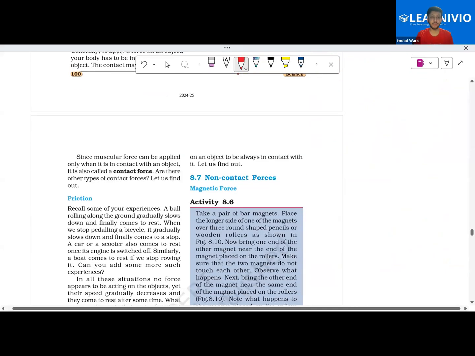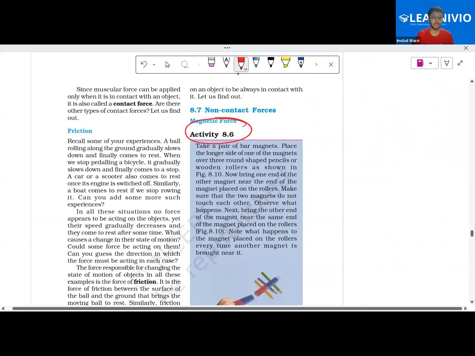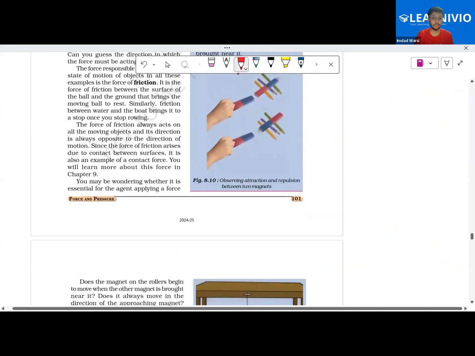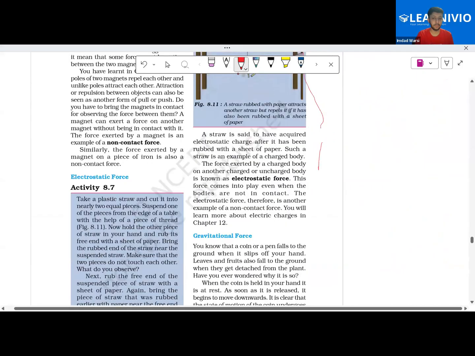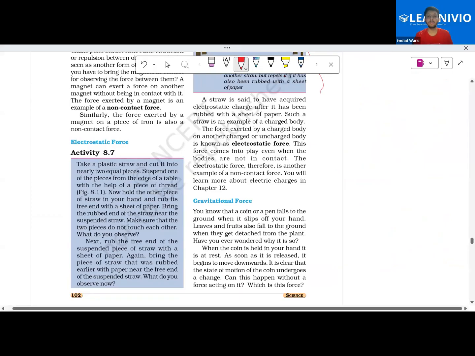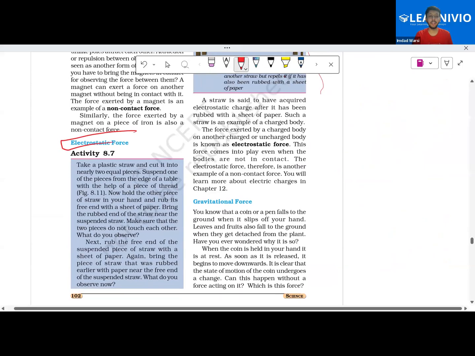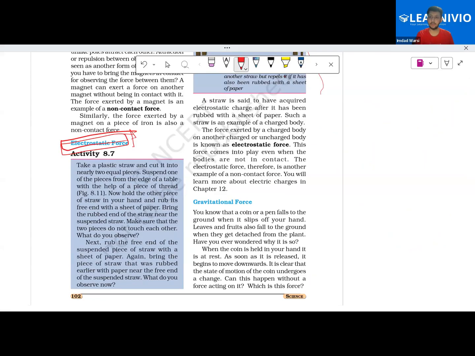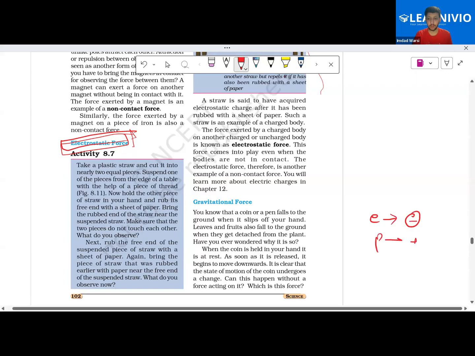Muscular forces we have seen, friction also we have seen, and non-contact forces, magnetic force we have seen. Electrostatic force is due to electrons and protons. Do you know what electrons are? They are one of the things which make up an atom. Electrons are negative and protons are positive.